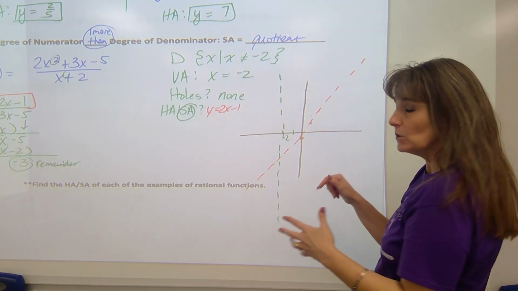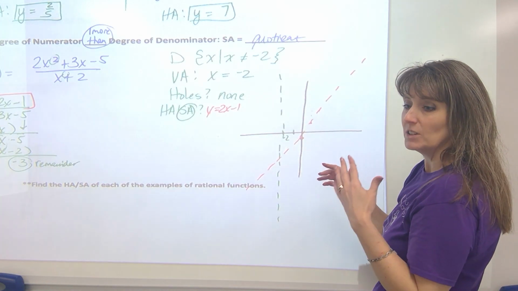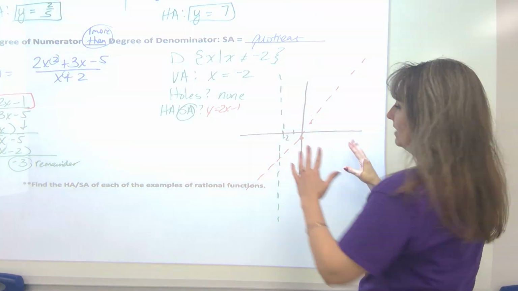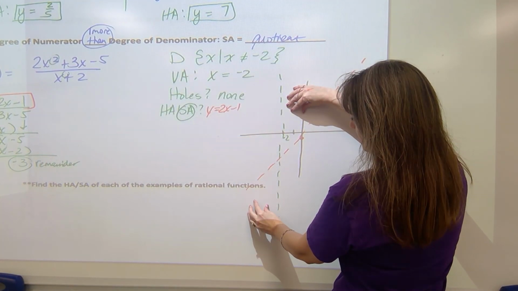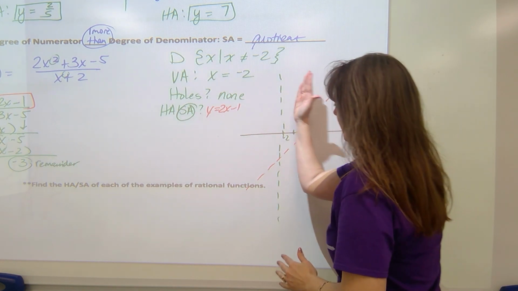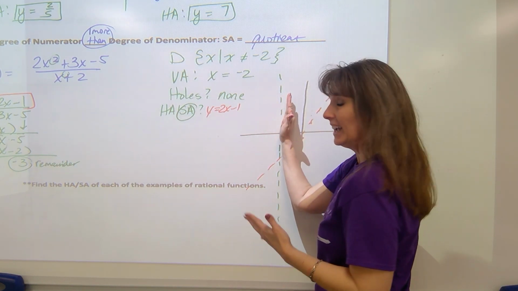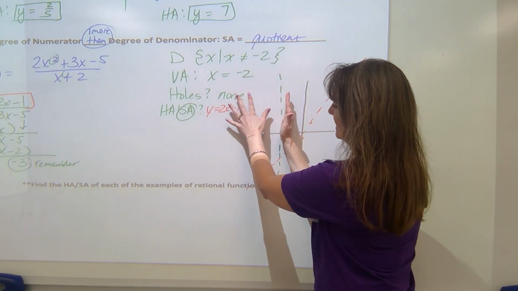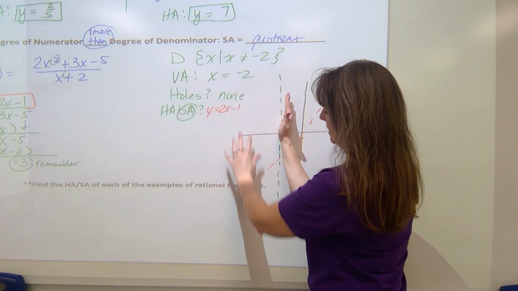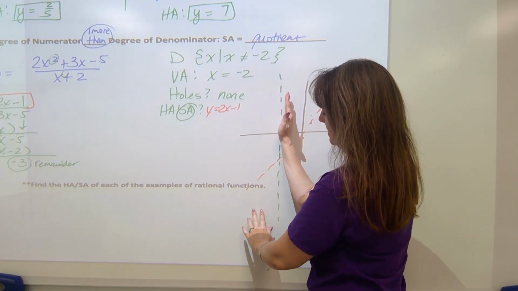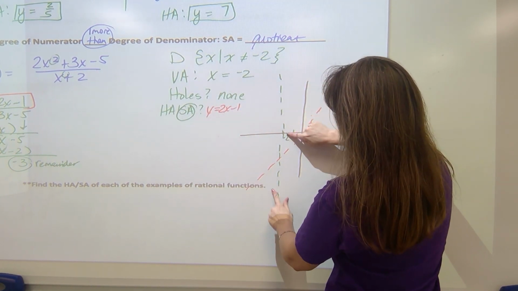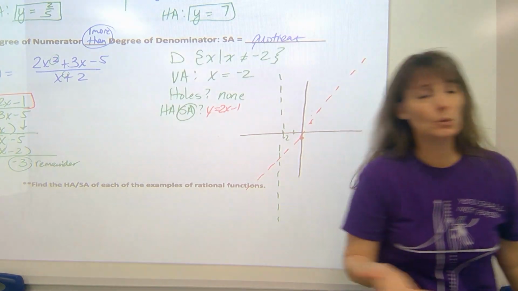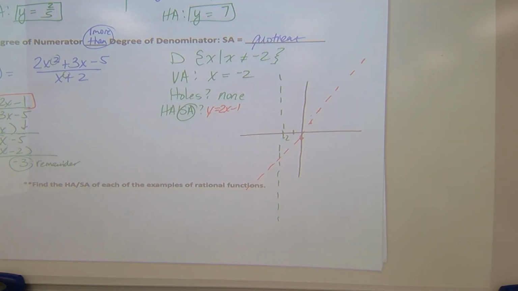Now, most of the rational functions you're going to see are going to exist in that way. They'll either be in the two wide sections or the two skinny sections. Because this is a function, it can't exist here and there, because then it would fail our vertical line test. So it's going to be either these two wide sections or these two skinny sections. And we need to check a point to see where it falls.